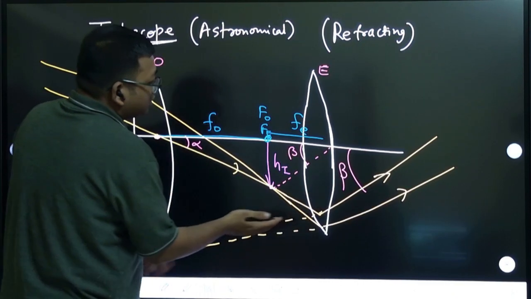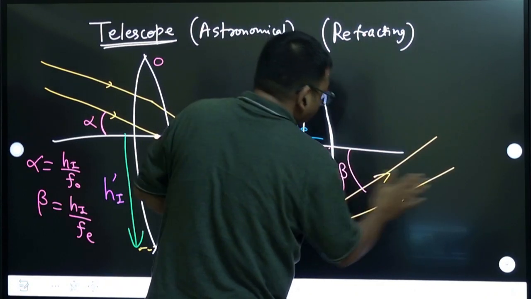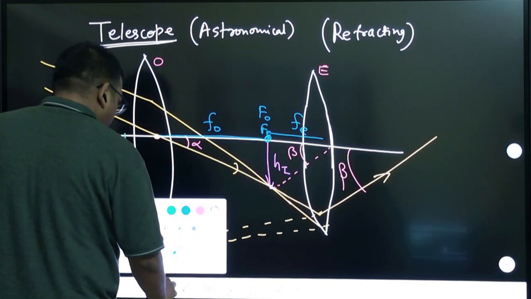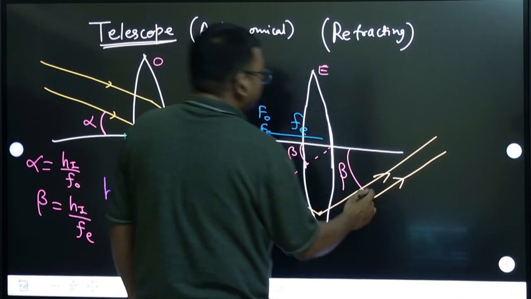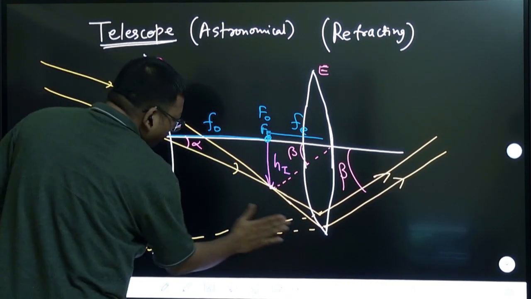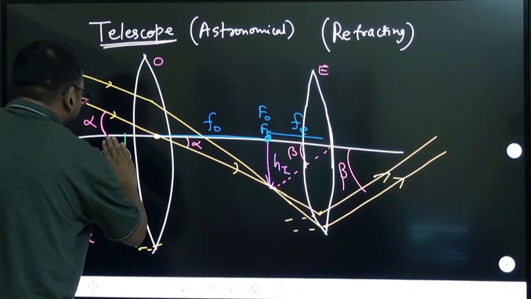So these rays are parallel. They are not going to meet on this side, because this image is at the focus. So this ray is actually becoming parallel, so it is not going to meet here on this side. It will be meeting at infinity only. I have shown it here, but this actually is meeting at infinity only. Correct?